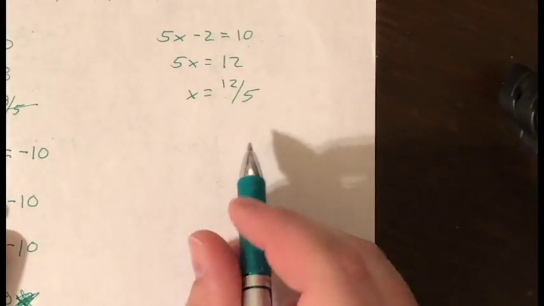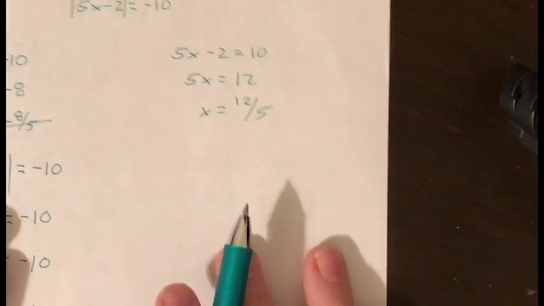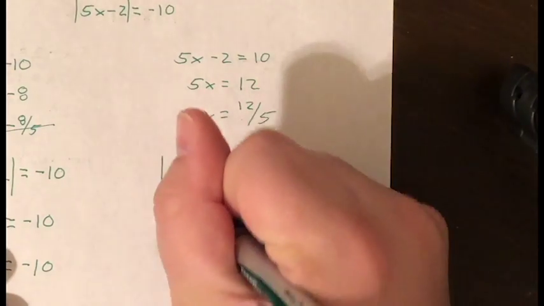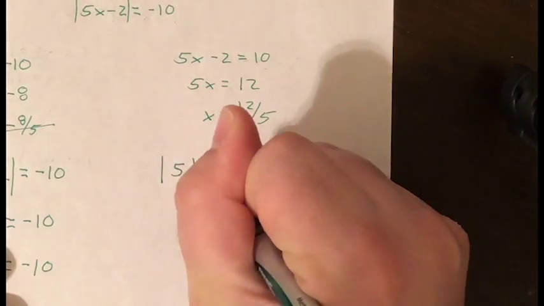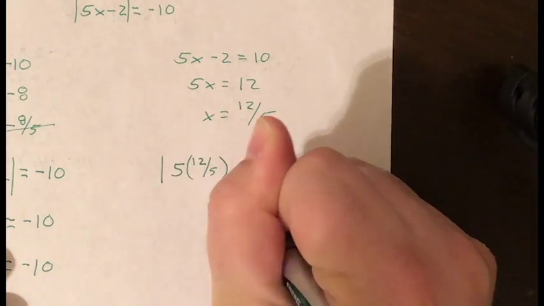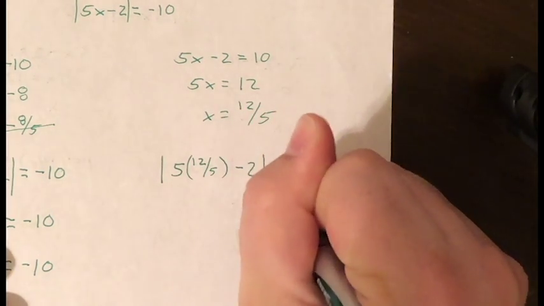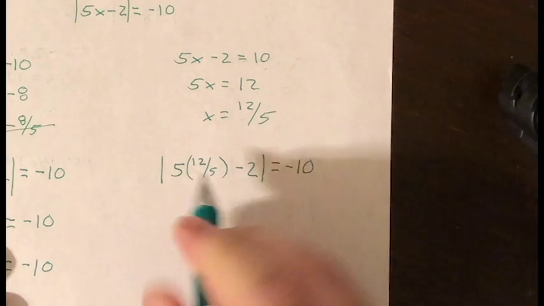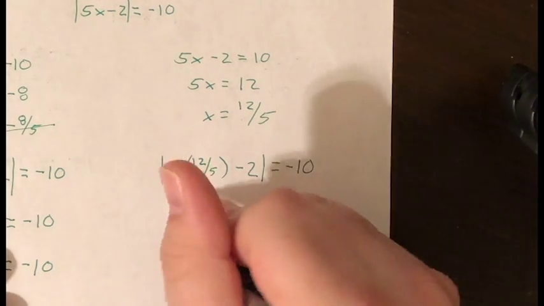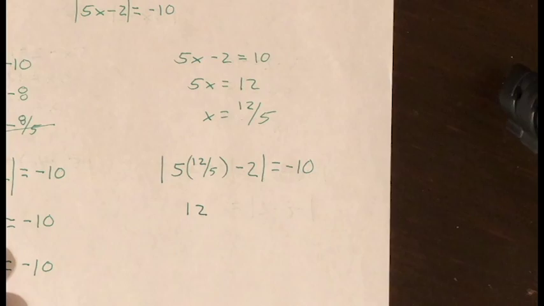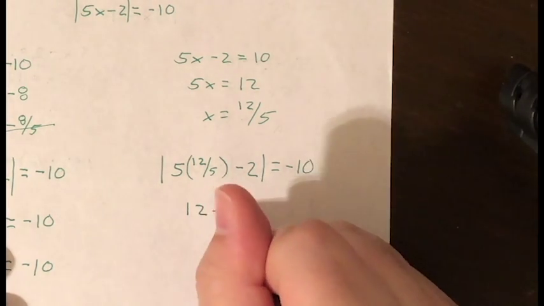So we're going to plug the same in for this 12/5 into my original equation. The absolute value of 5 times 12/5 minus 2 is equal to negative 10. Well, 5 times 12/5 is 12 minus 2.